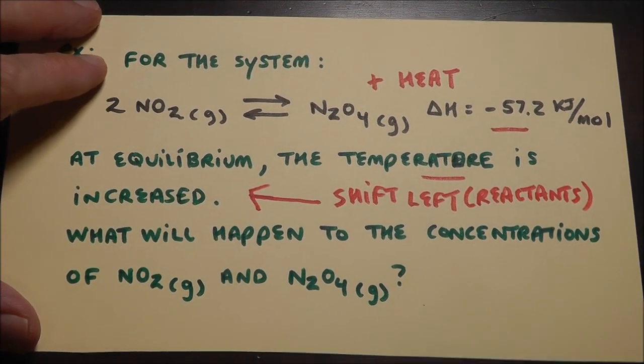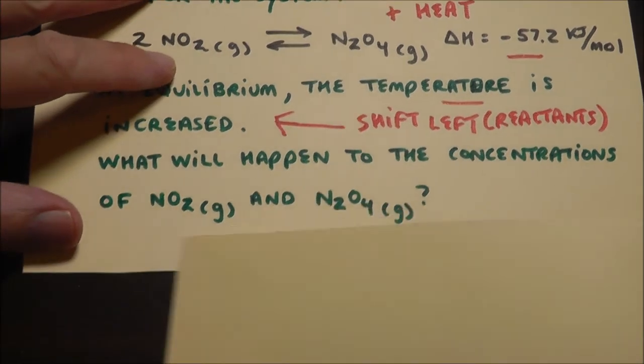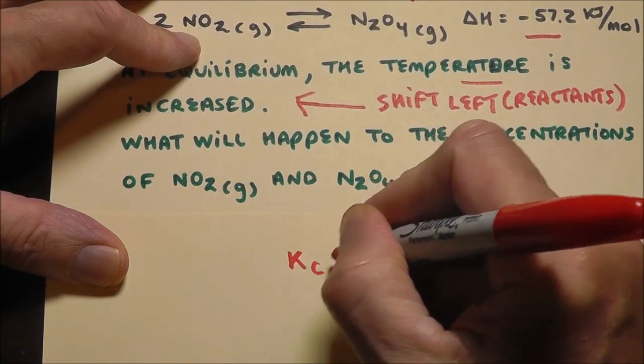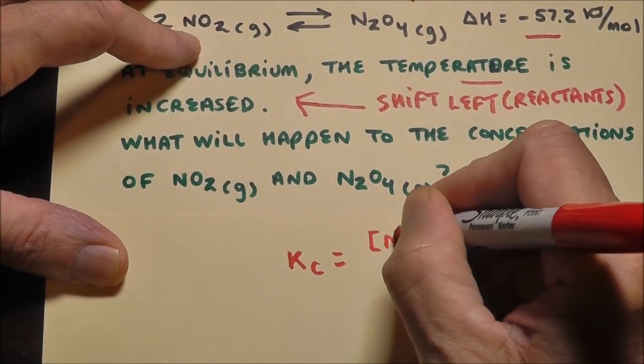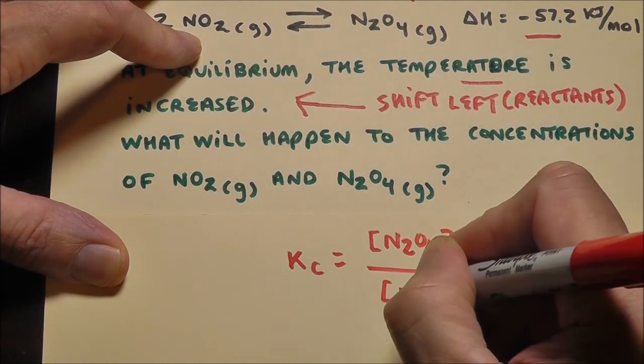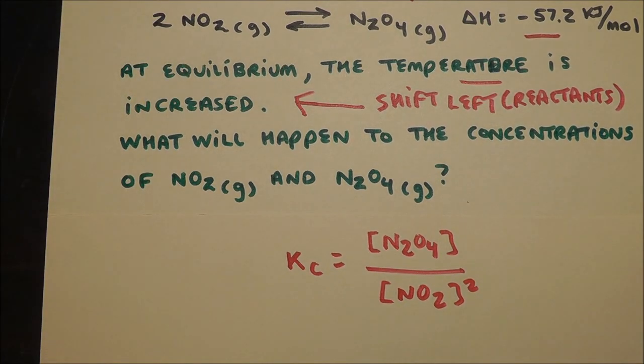Now what they're asking is what's going to happen to the concentrations of NO2 and N2O4. One thing you'll notice, if we write Kc equals concentration of N2O4 over concentration of NO2 squared, when we're dealing with temperature, there ain't no heat in there.